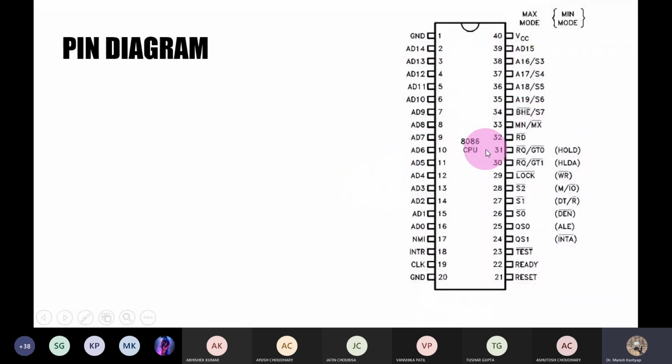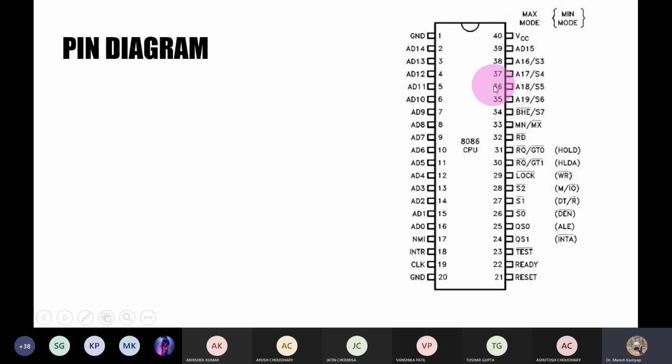Their impedance will be very high, so no voltage, logic 0 or 1, can be interpreted.